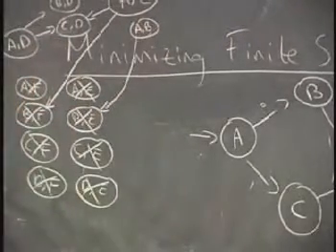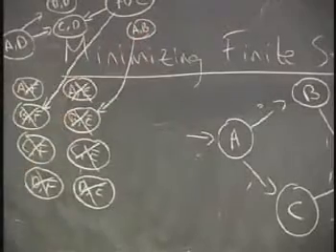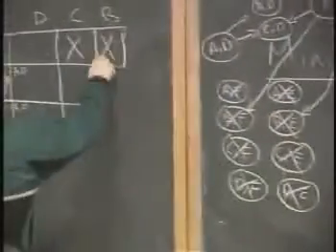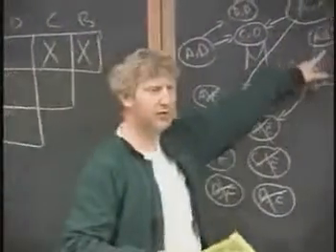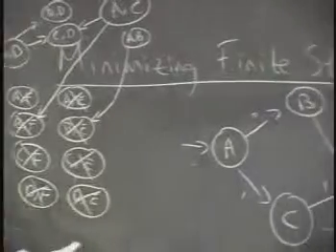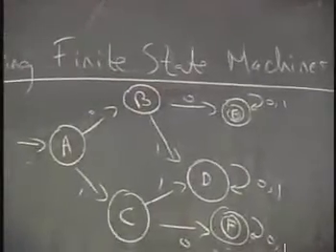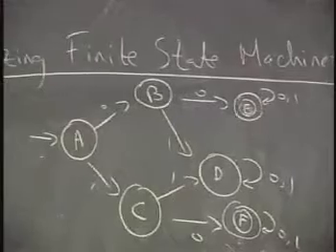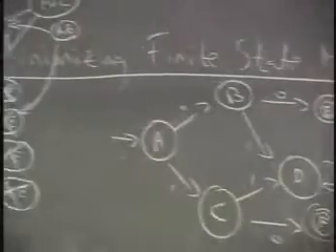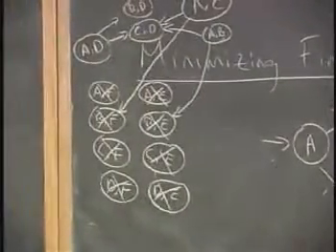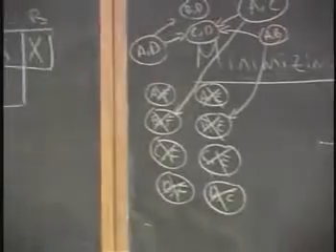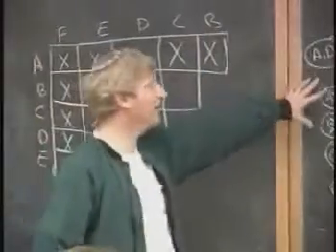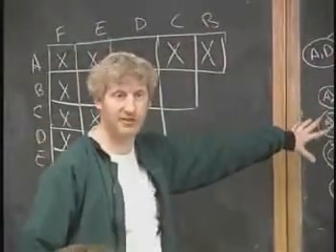BE is distinguishable. There's an X. It connects. So AB, therefore, gets an X. What about the 1, just for completeness, Sharon? Where does the 1 go on an AB? To CD. Back here. Good. There's no reason to check it, is there? No reason to check it. Except that I want to make this whole dependency graph complete when we're done so you can look at it and see what it means.